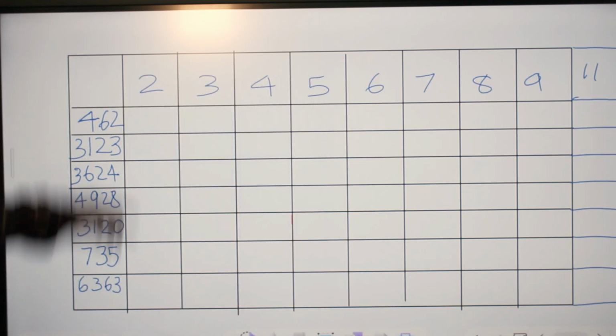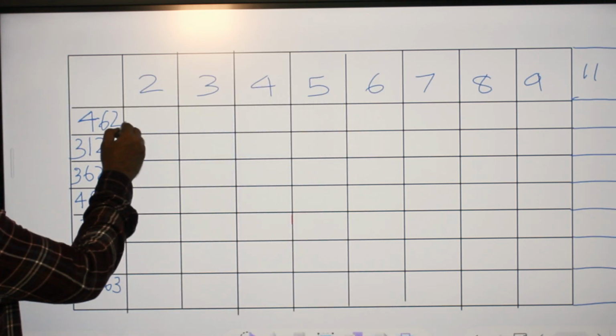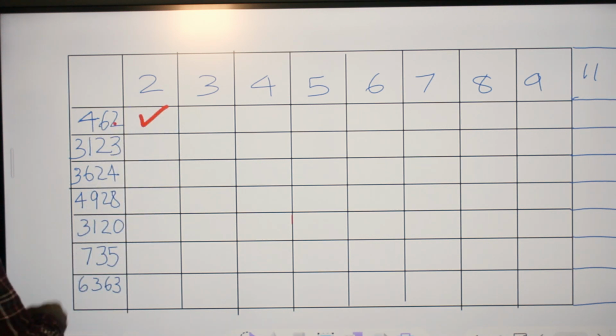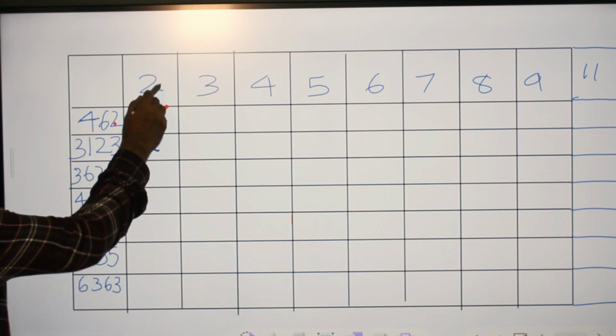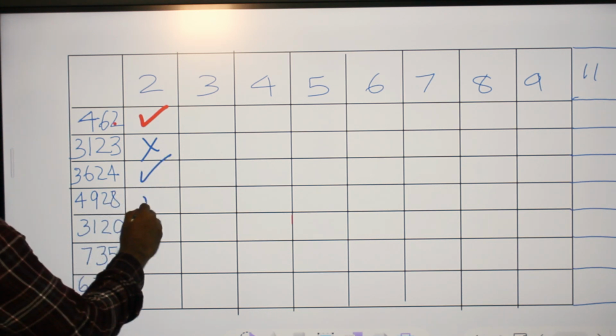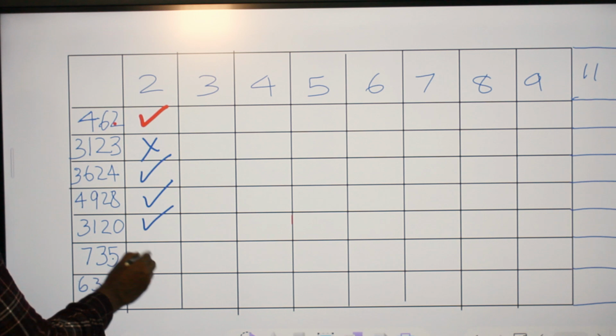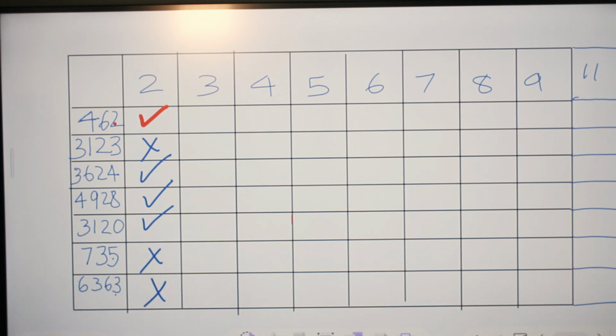Okay, check it out. Now 462 is divisible by 2 because the last digit is 2. Here 3, no. 4, yes. 8, last digit is 8, so it is yes. 0, yes. 5, no. 3, no. Okay.